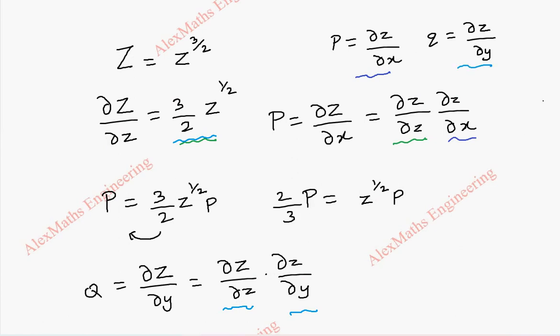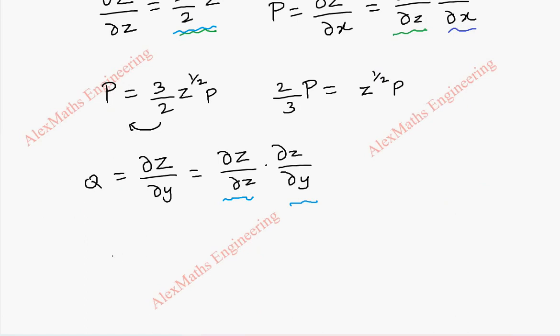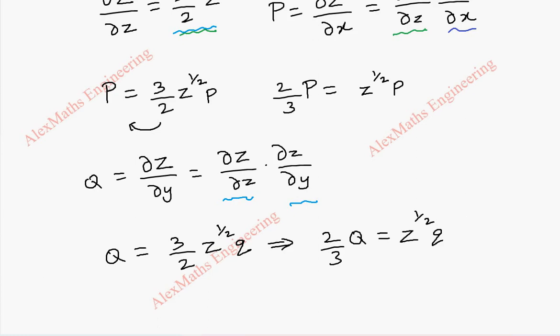So we get capital Q equal to 3 by 2 z power half into q. In the same way as previously, let's take this 3 by 2 to the other side as 2 by 3. Capital Q is z power half into q.